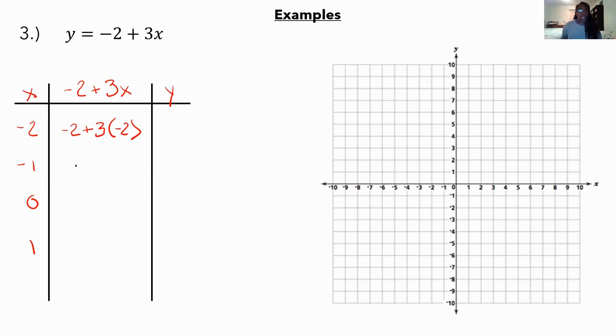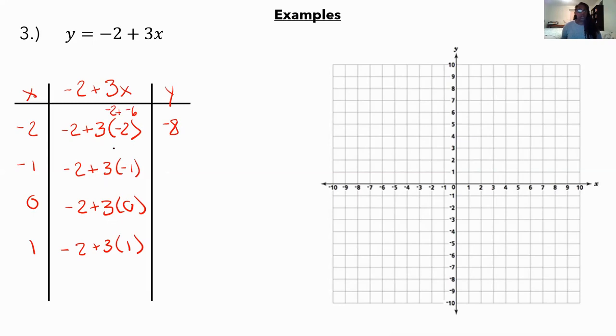So we have -2 plus 3 times -2, -2 plus 3 times -1, -2 plus 3 times 0, and -2 plus 3 times 1. All we're doing is substituting these values for x. So -2 plus 3 times -2 is -2 plus -6, which gives me -8 because they're both the same sign, so we're adding.